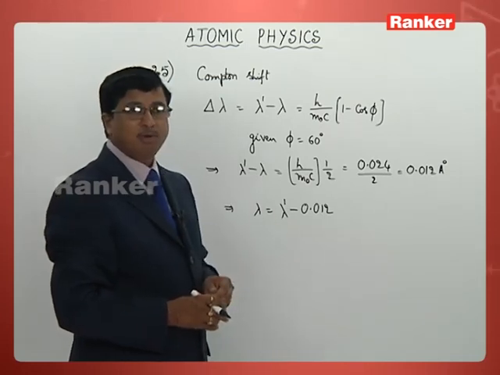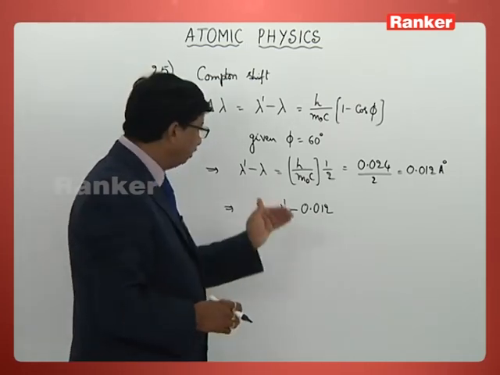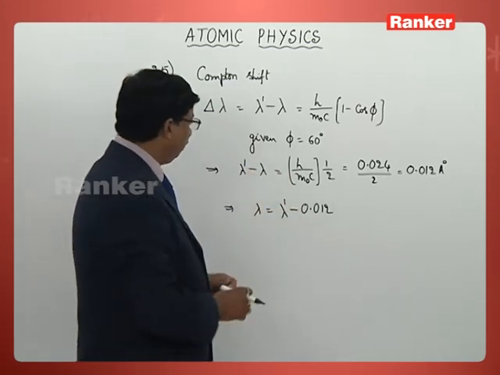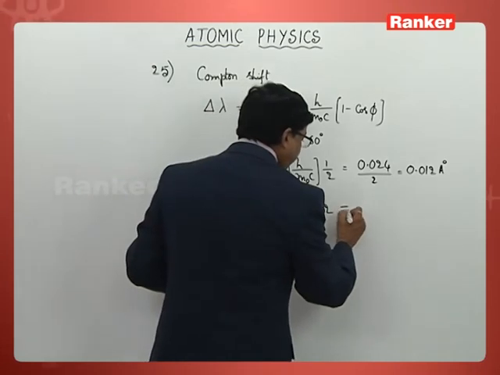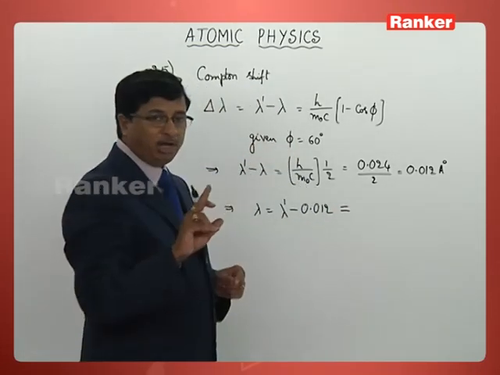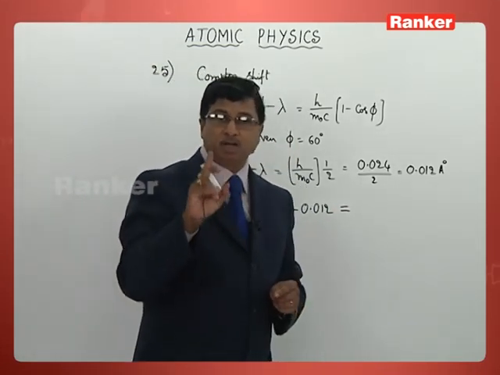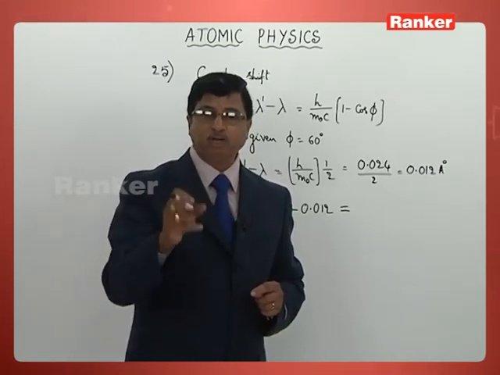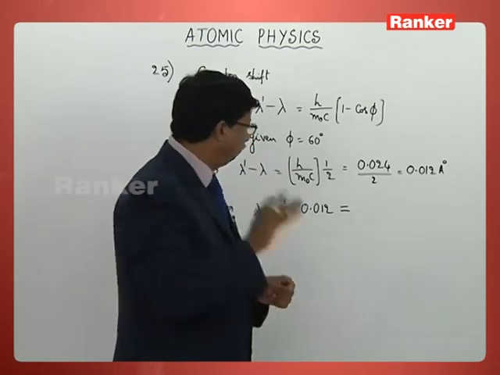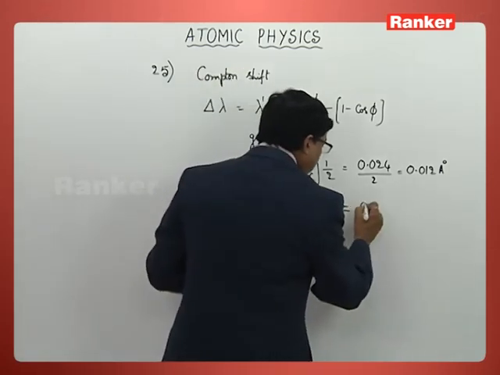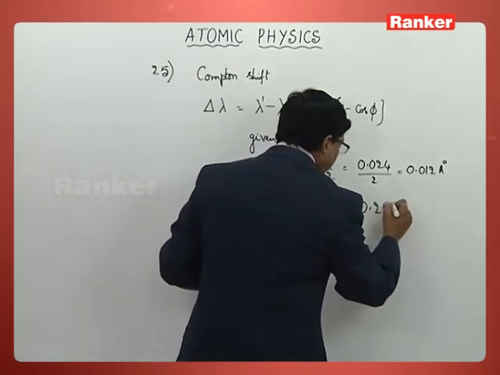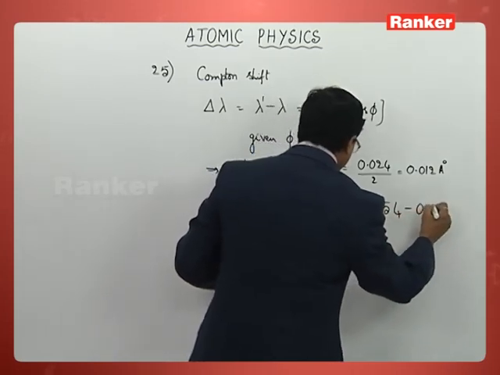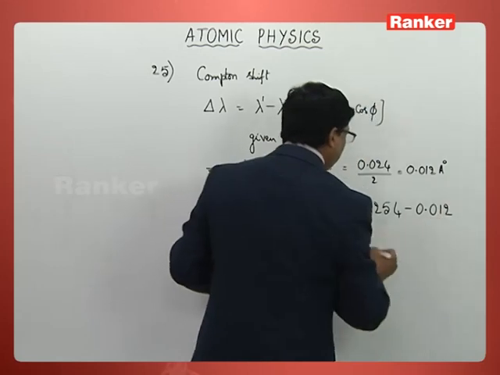And what is the value of lambda dash mentioned? 2.54 into 10 power minus 11 meter. That's what has been given. That you can rewrite as lambda dash equal to 0.254 into 10 power minus 10, so 0.254 angstroms minus 0.012 angstroms.